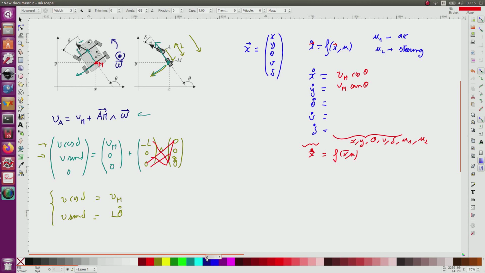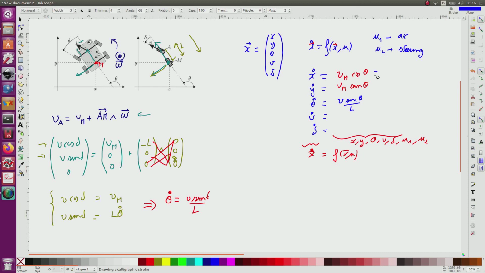So from these two relations I obtain that theta dot equals v sine delta divided by L, and this is why here I put v sine delta divided by L. Now I will have Vm equal to v cos delta.